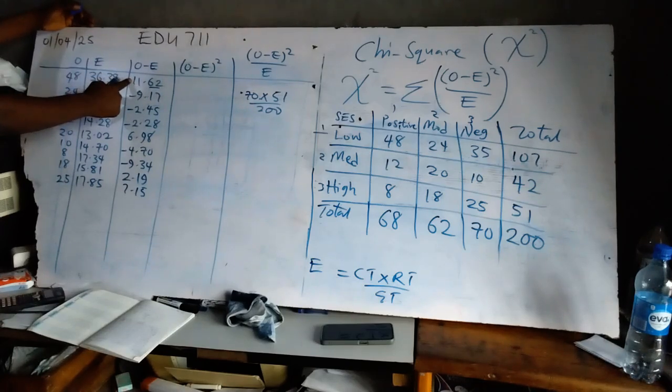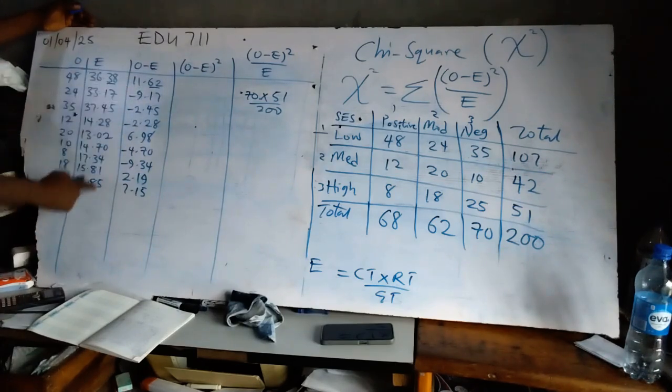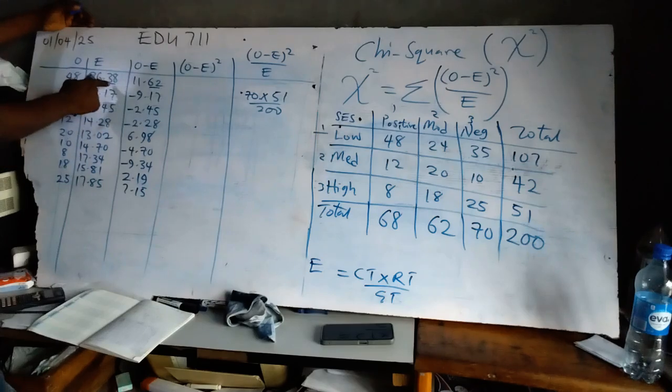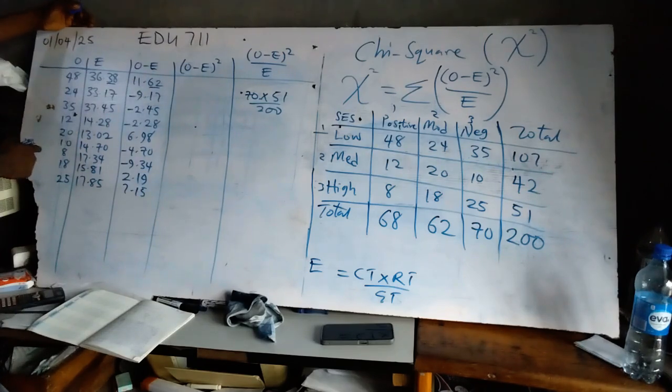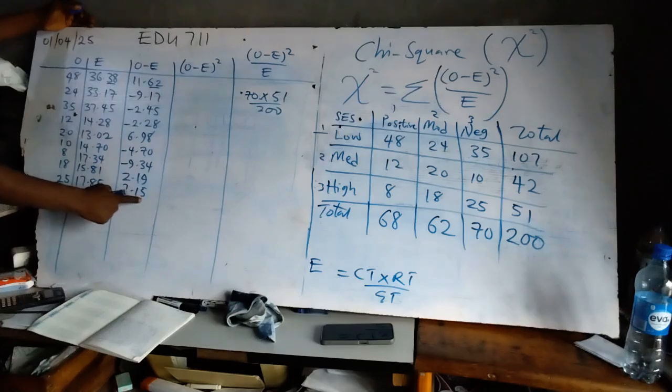You will see that we have positive and negative integers. For the positive integers, if you add this and this, it must give you 100. The next positive integer here is this. So 2 plus 98 is also 100. The next is this. 19 plus 81 is also 100. And lastly, 85 plus 15 is also 100.